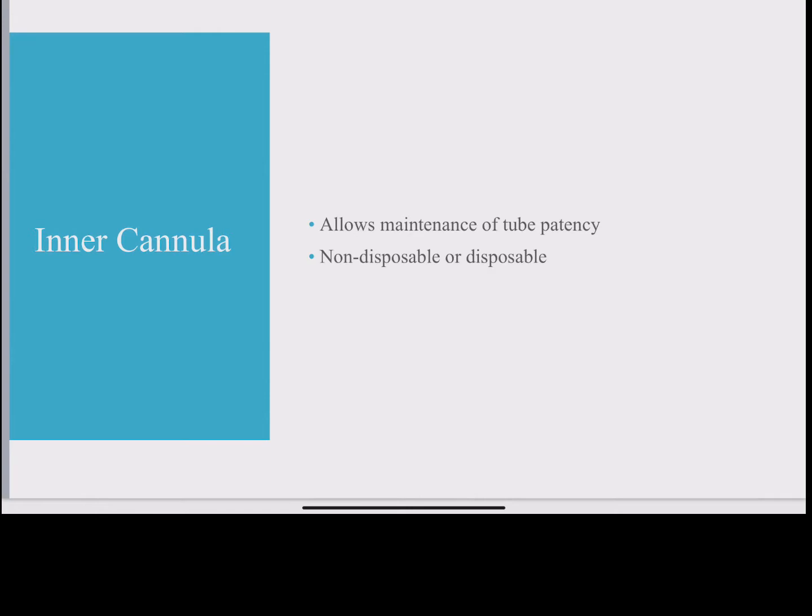One important part of our trach is the inner cannula. The inner cannula pretty much fits inside the outer cannula. It has a lock to keep it from being coughed out, and it is removed for cleaning. It allows the maintenance of tube patency. It could be non-disposable or disposable.